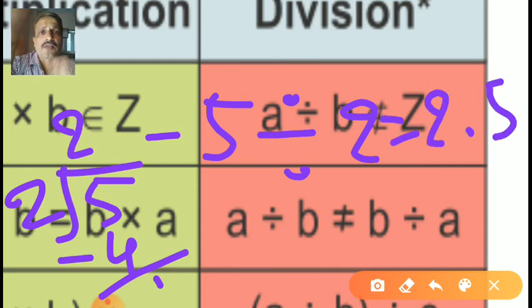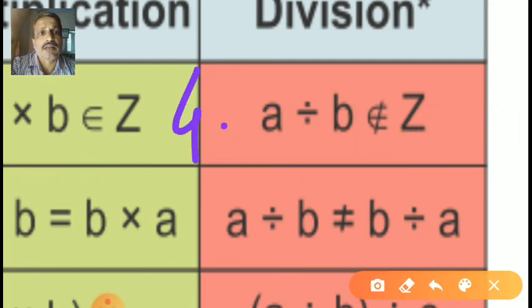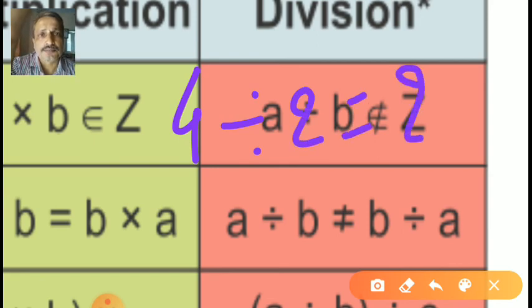A decimal answer is not an integer. 1 by 2 is 0.5, or you can write 2 and 1 by 2. This is a fraction. We will study it in the next lesson. So here it is not belongs to. Suppose it's 4 divided by 2. The answer is 2. Yes, 2 is an integer.